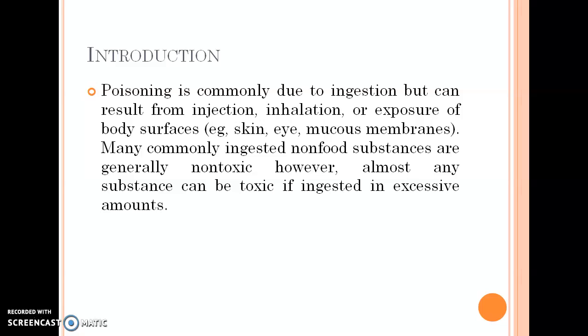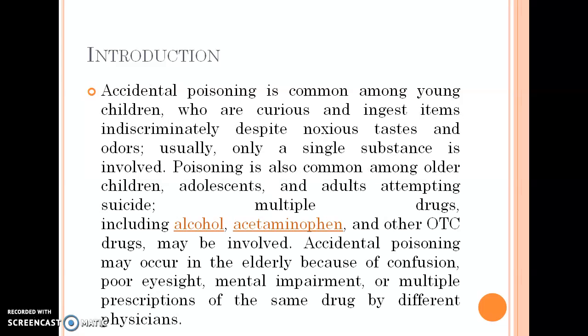However, almost any substance can be toxic if ingested in excessive amounts. Accidental poisoning is common among young children who are curious and ingest items indiscriminately despite noxious tastes and odors. Usually only a single substance is involved.